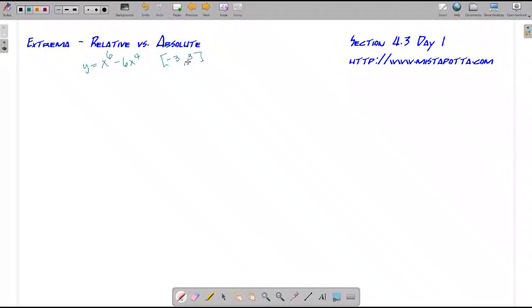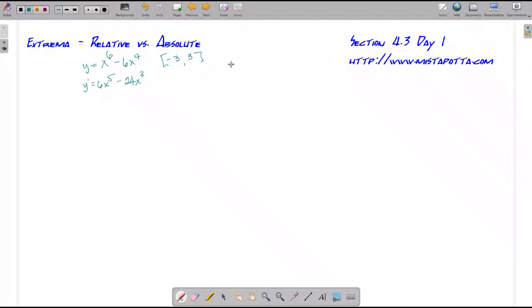So looking at this function on a restricted domain, on a closed interval, I want to start by looking at its derivative. Using the power rule, I get 6x to the 5th minus 24x cubed.